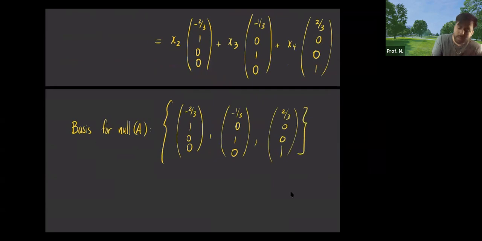And of course, any scalar multiple of these three vectors will still be a basis vector for a null space. So the basis is not a unique set.